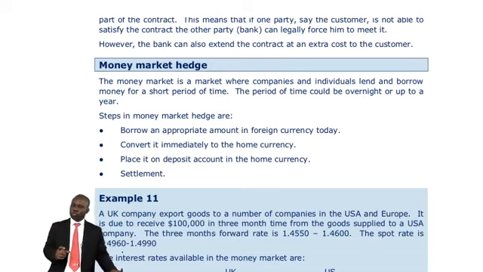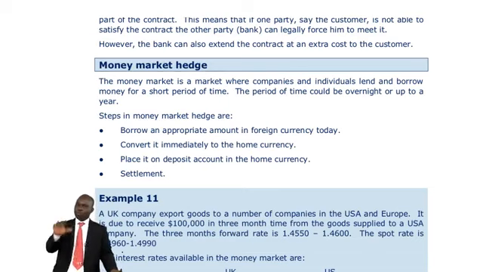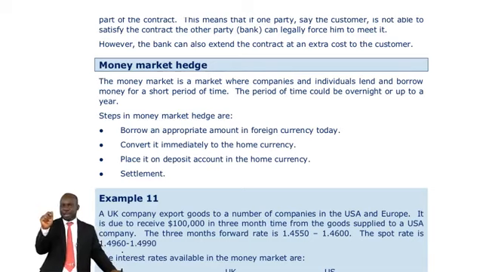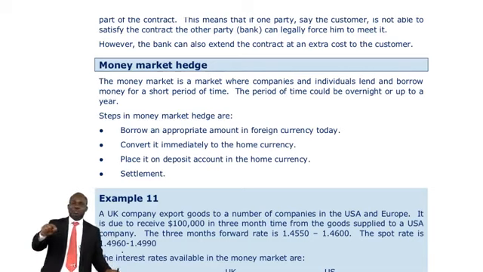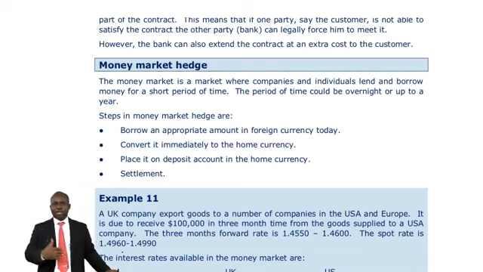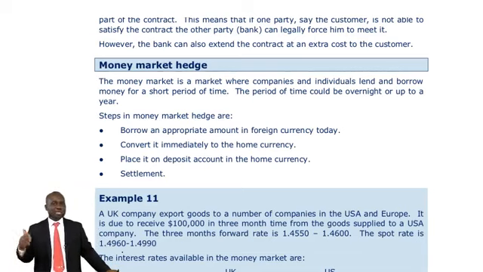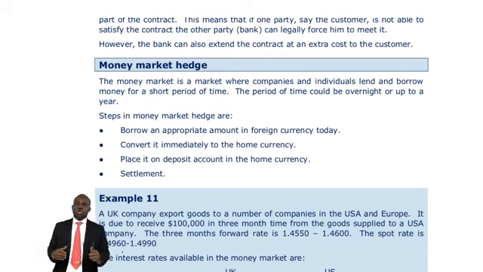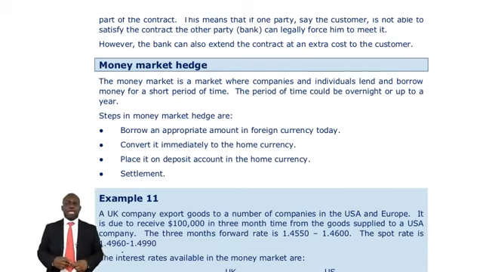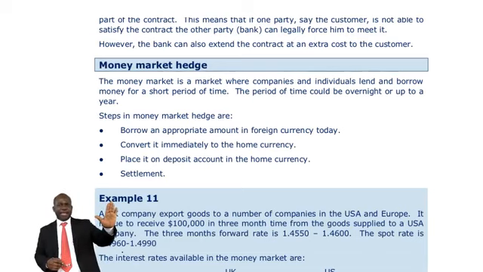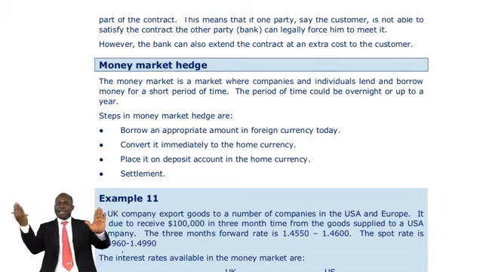If I want to use money market, okay, once I have to receive money, hedging is you entering into a counter activity in order to eliminate or reduce an exposure.